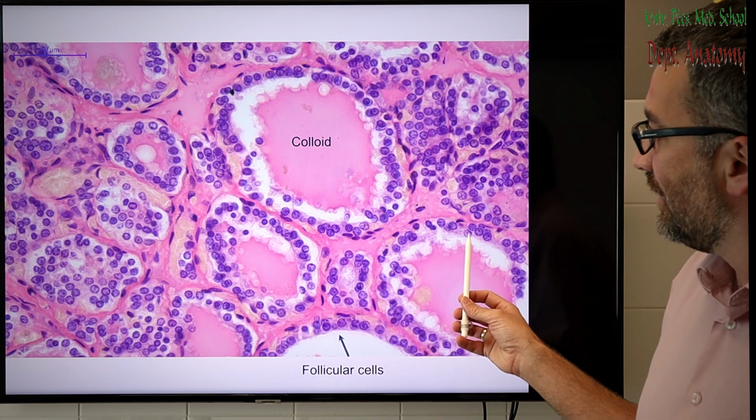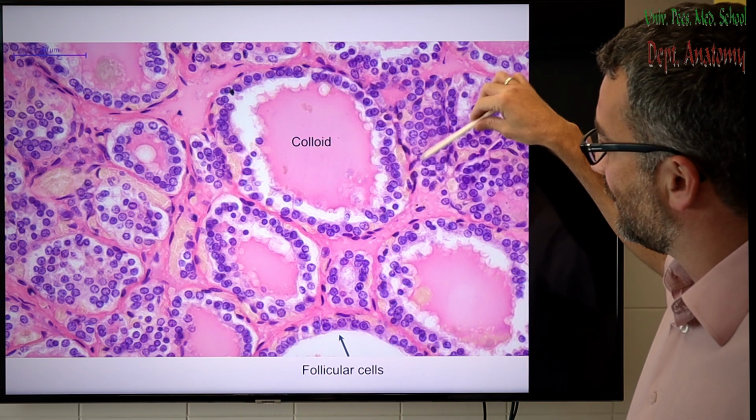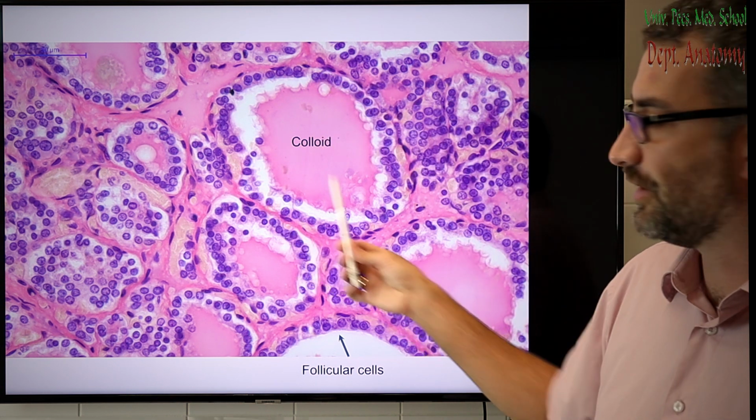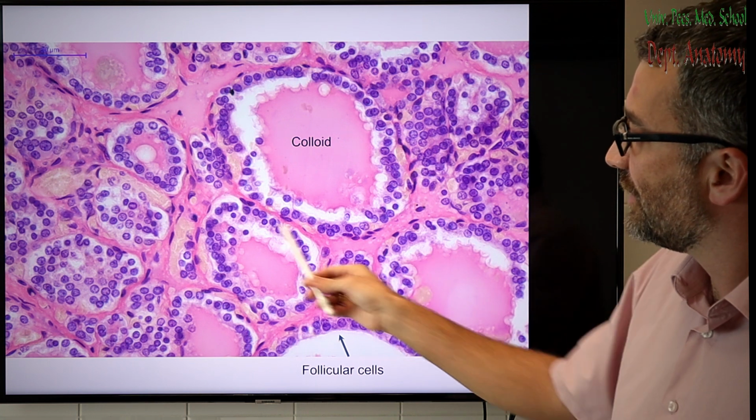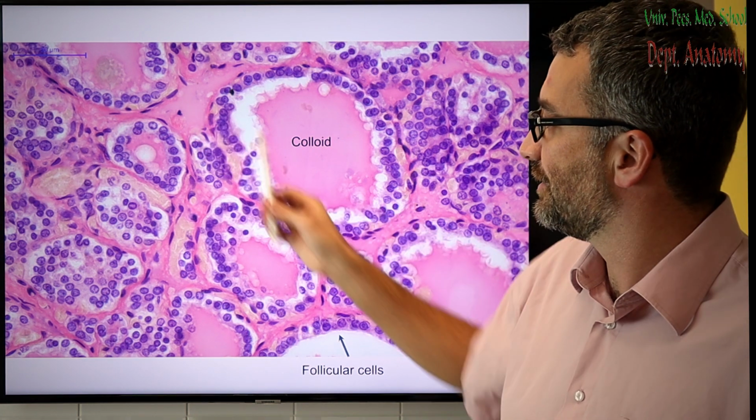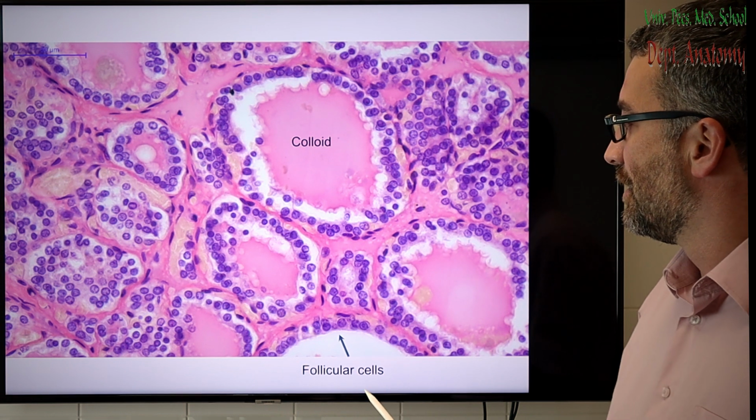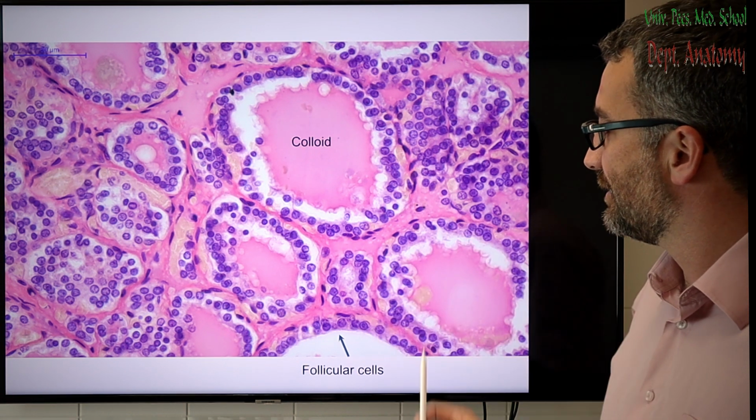What we can see outside of the follicle, in the interstitium of the thyroid gland, is that it is very rich in blood vessels, and some connective tissue cells.